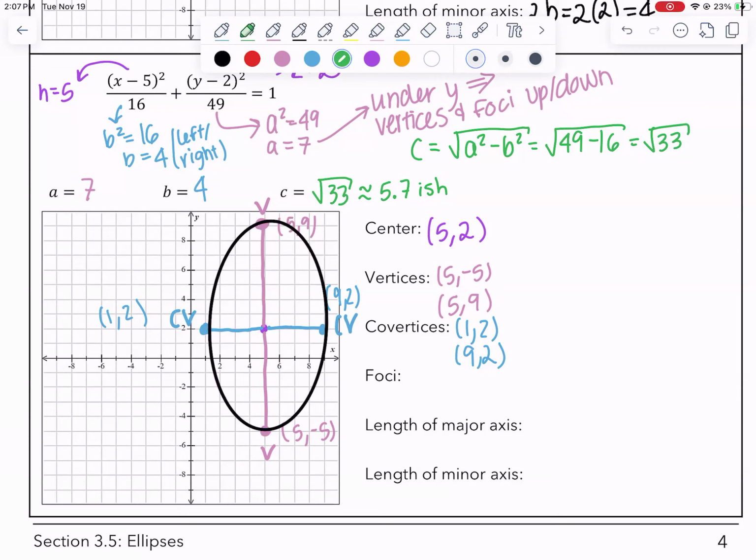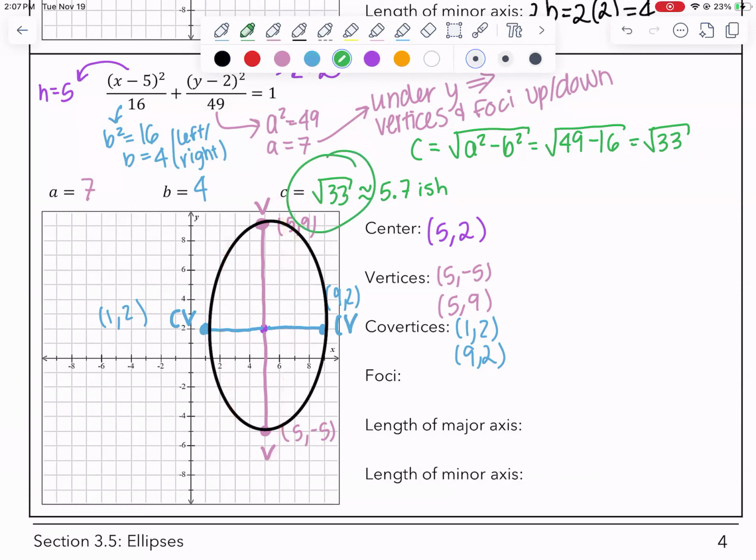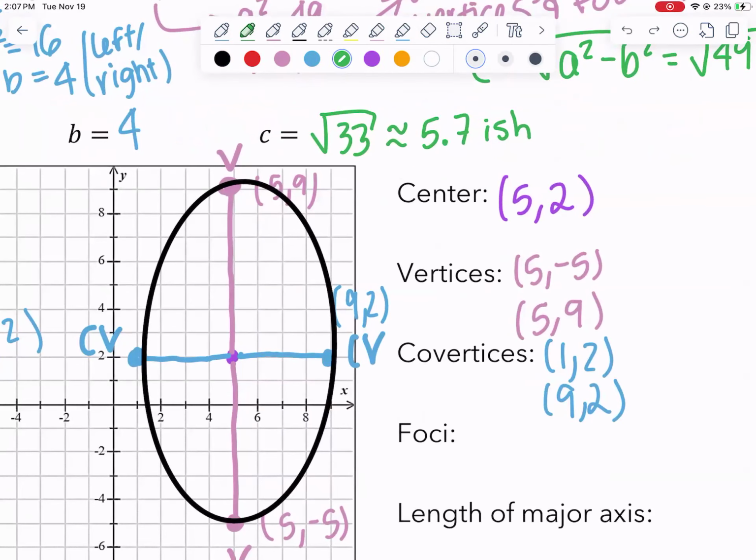For the foci, those are going to exist on the major axis. They're going to be 5.7-ish units up and down from the center. So 1, 2, 3, 4, 5, and a little bit more. And there's going to be one of the foci. It has the same x value as the center, so 5.